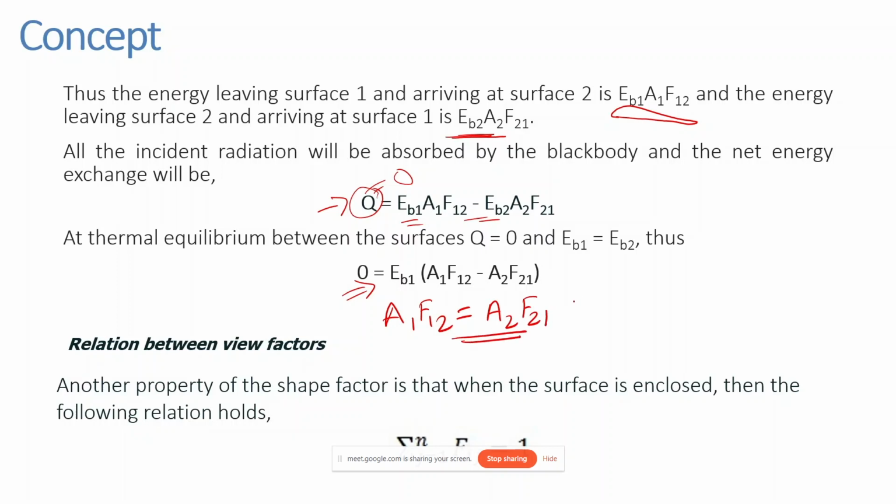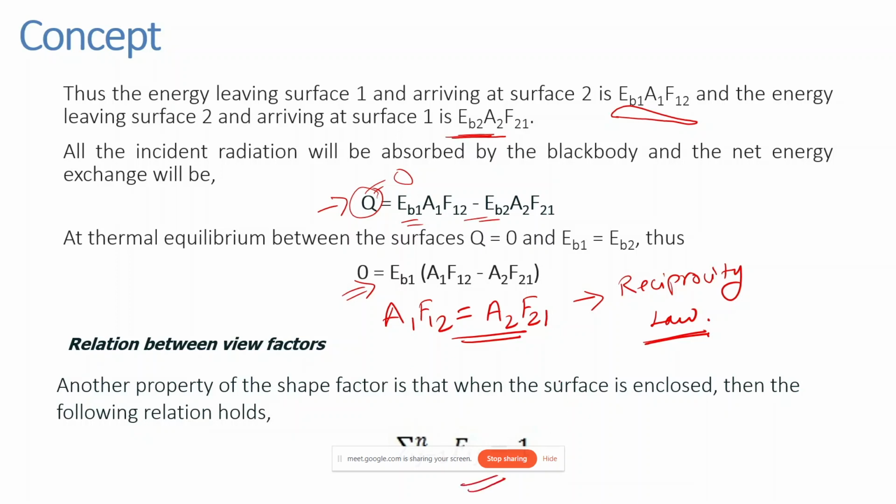So these equations will be useful, and this is known as the reciprocity law or theorem, whatever you want to call it. One more equation that we need to remember is the relationship between the view factors. Another property of the shape factor or view factor is that when the surface is enclosed, then the following relation holds true.